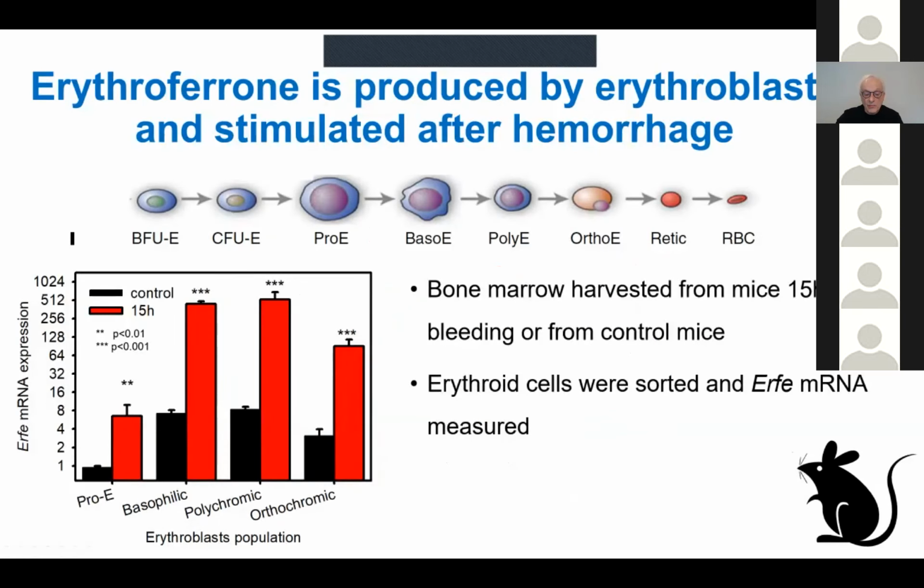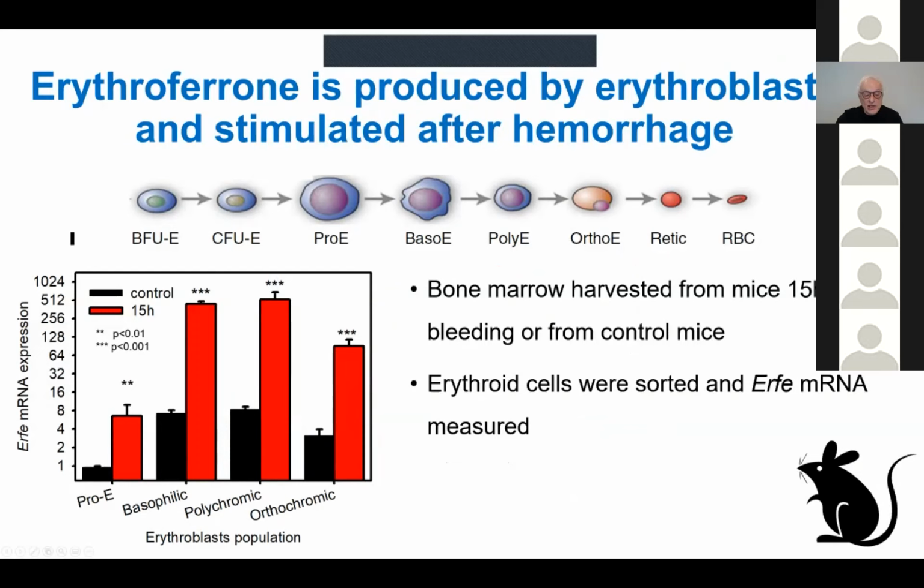And importantly, the signal is coming out of the erythroid lineage. The black bars show you unstimulated bone marrow. The red bars show you bone marrow that was stimulated by either EPO administration or bleeding, in this case bleeding.